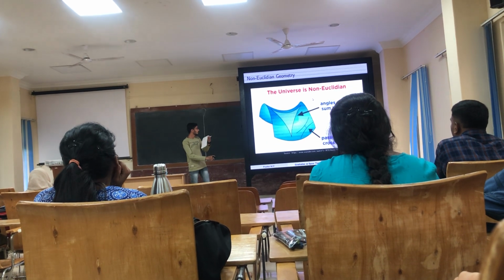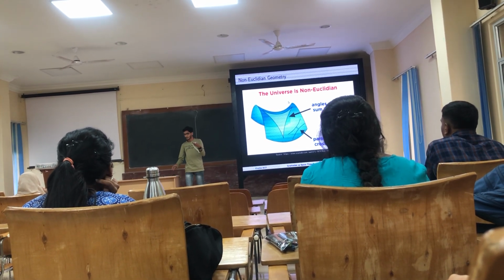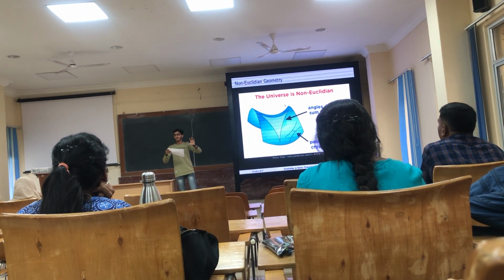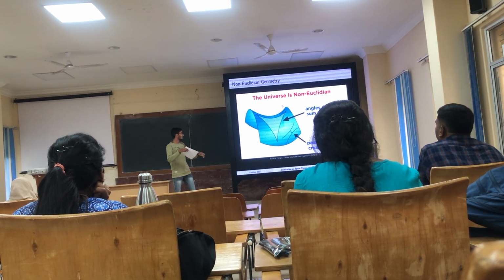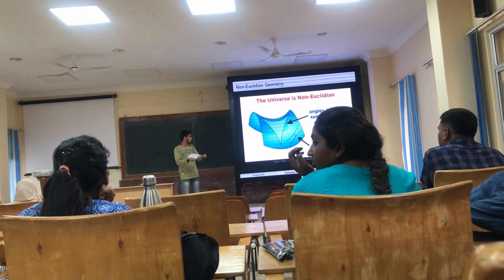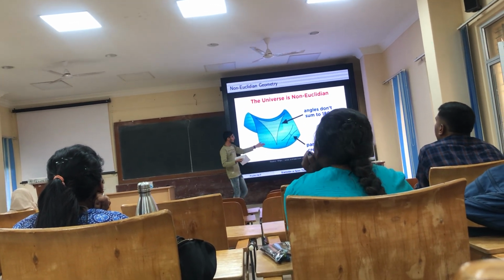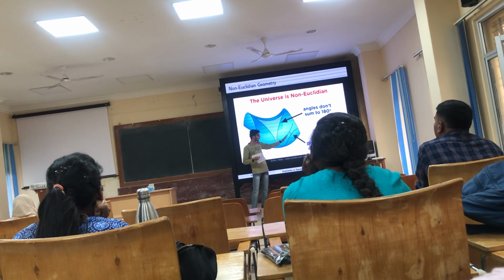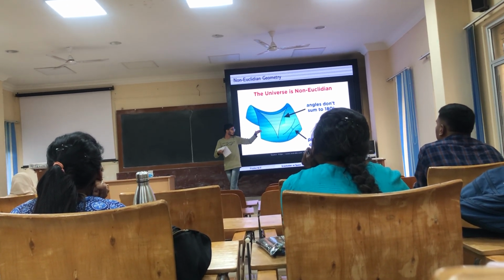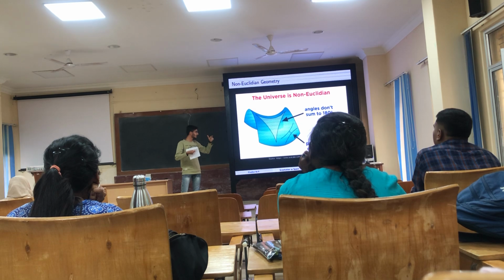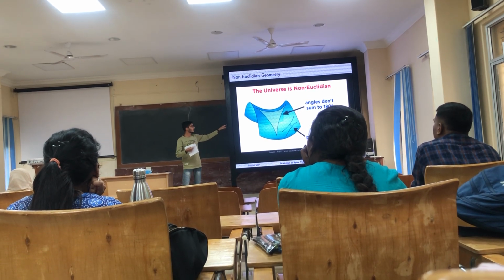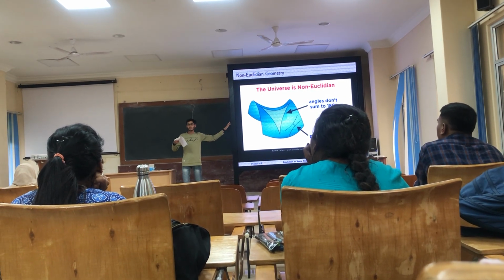So this is how the universe is, I mean, not this much, but still I am explaining. So this is how we get three dimensions. In this three-dimensional space, we see that parallel lines can cross or diverge, so they can intersect or diverge, and the sum doesn't equal 180 degrees. I hope you got this point.